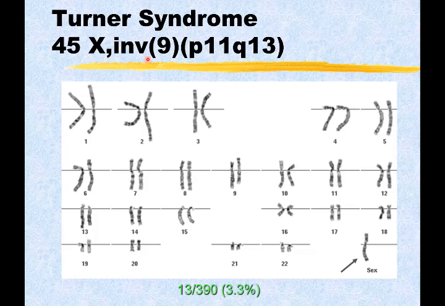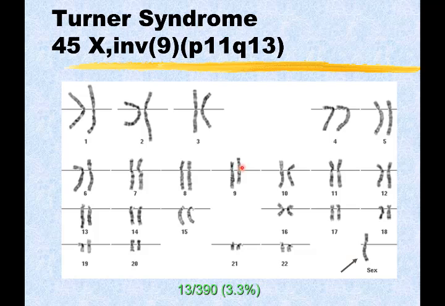Now there is another change in the chromosomes of the fetus. In inversion 9, the short arm at P11, band 1, subband 1, and Q13, which is shown here.